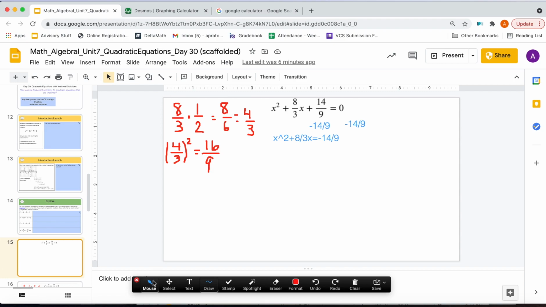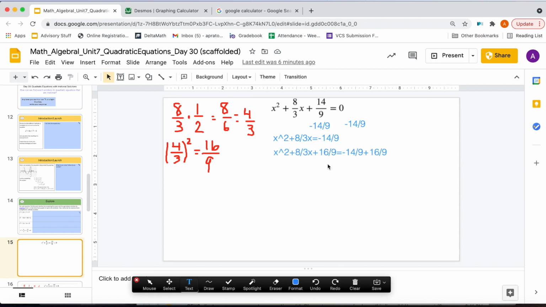So, in order to complete the square now, we're going to add 16/9 to both sides. x squared plus 8/3 x. And this uses the addition property of equality. If I add it to one side, I have to add it to the other side, and the equation will still be equal.